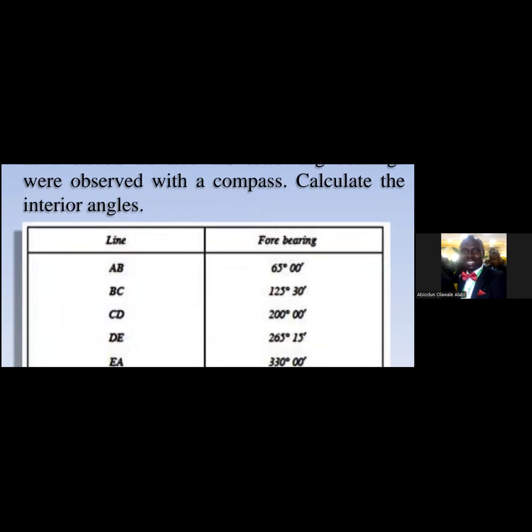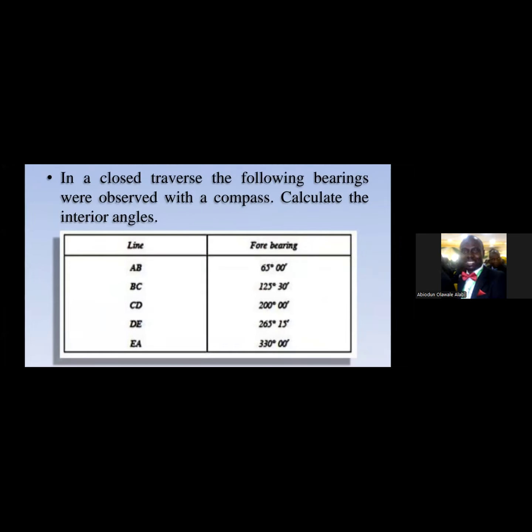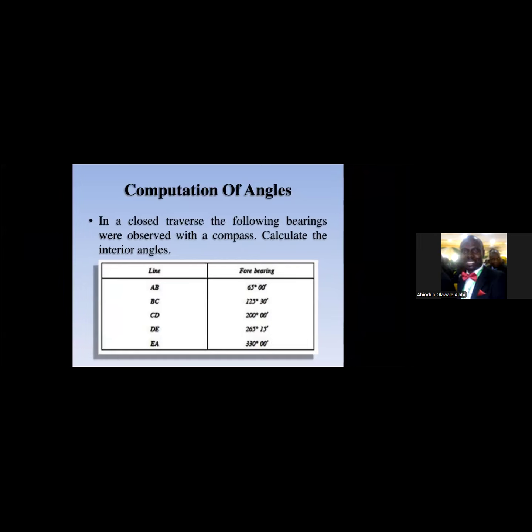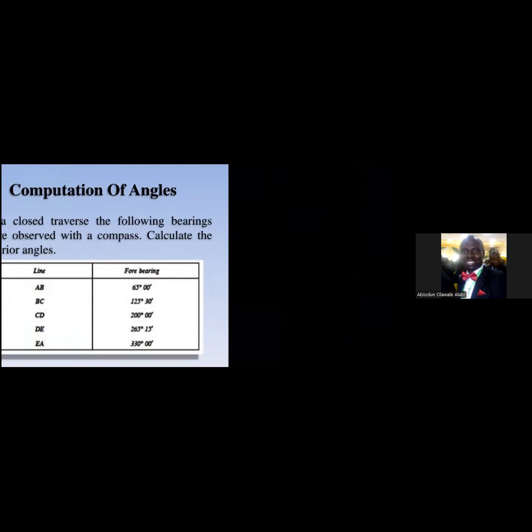So you should be able to first of all sketch this and show the traverse plots of this. Then from there, you should be able to obtain the interior angles at each point of the traverse.